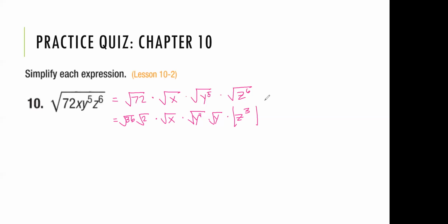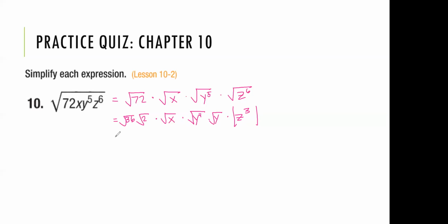We want the positive value. You can take a negative times a negative and get a positive, but you can't take a negative times a negative times a negative and get a positive. So we want the absolute value, because absolute value is always positive. Then we're going to simplify this. This only happens when we have an odd number exponent.